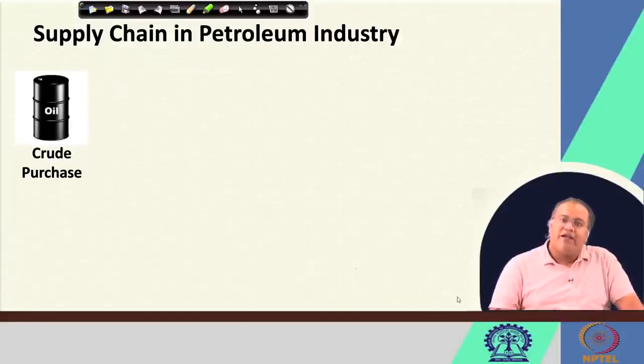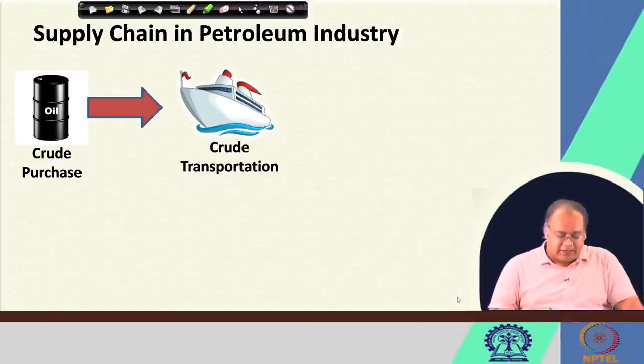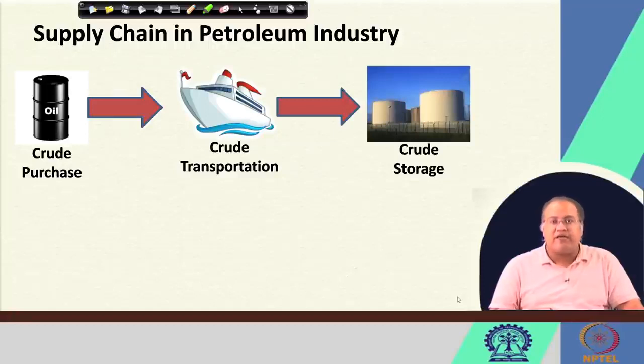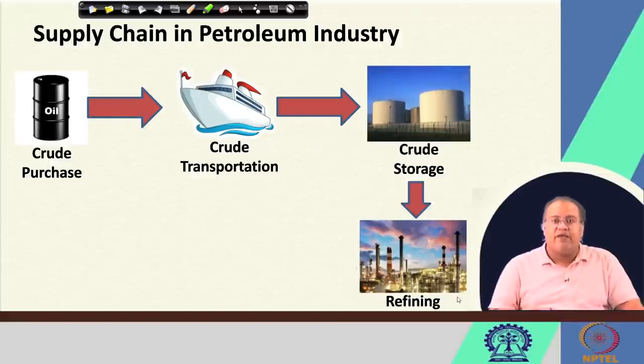So let us take the supply chain architecture in the petroleum industry. Look at how the petroleum industry works with different kinds of products and different middlemen in the entire end-to-end path. It all starts with the crude purchase. Once the crude oil is purchased, it is transported to a crude storage where it is stored, and from the storage it is sent to the refinery for refining.